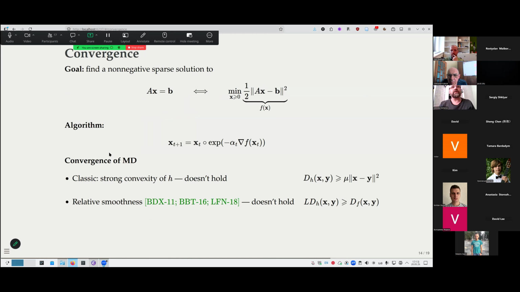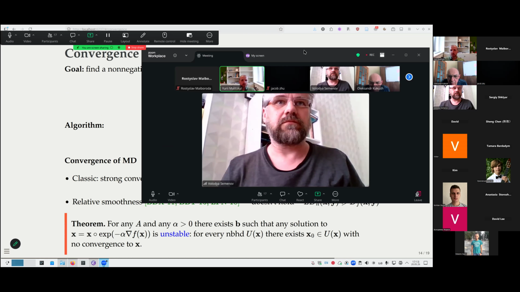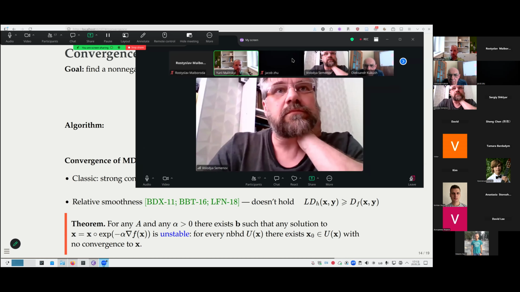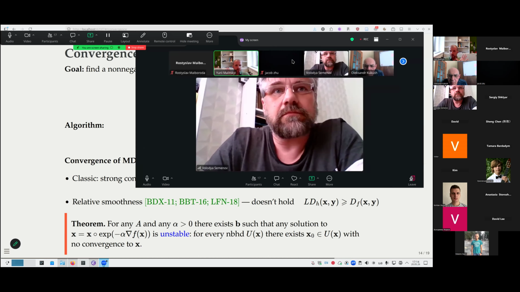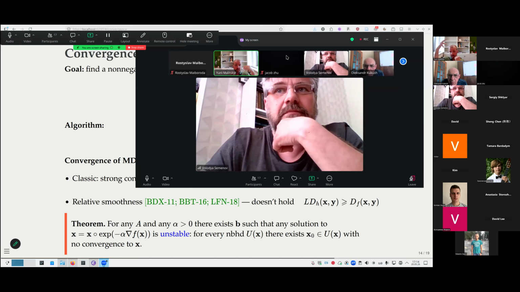Question. Did you prove the theorem about Polyak step methods with the Pinsker inequality? No. Pinsker inequality works over the unit simplex, right? So that's why you have strong convexity. Entropy is strongly convex over the unit simplex. That's true. But over the non-negative orthant, it is not strongly convex because the domain is unbounded. Why is Pinsker inequality true? Because the Hessian is bounded below.